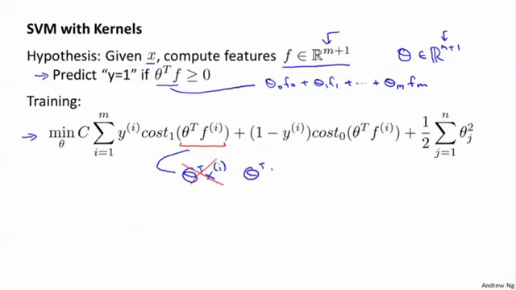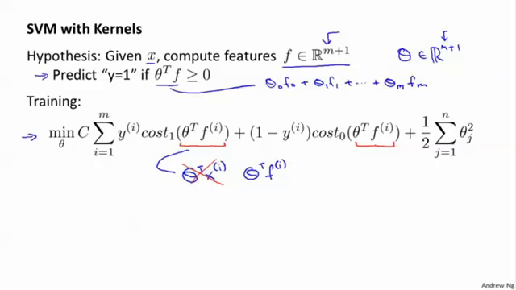So we're using theta transpose fi to make a prediction on the i-th training example, and we see that in both places here. It's by solving this minimization problem that you get the parameters for your support vector machine.